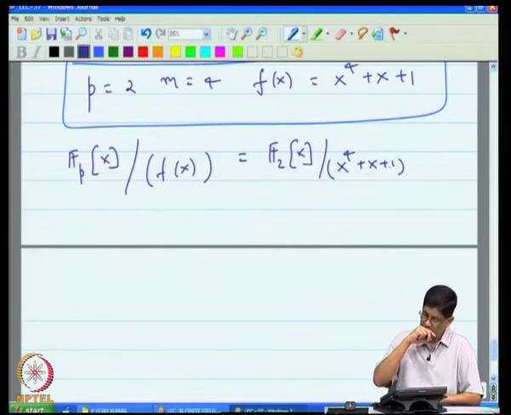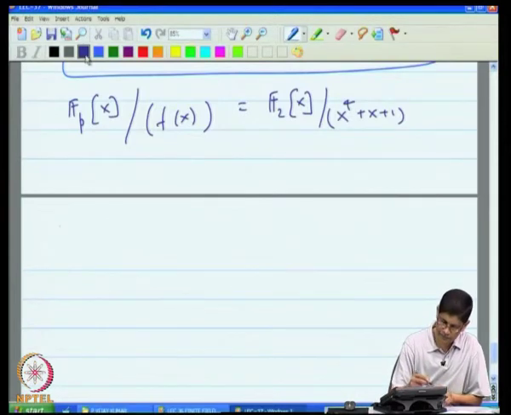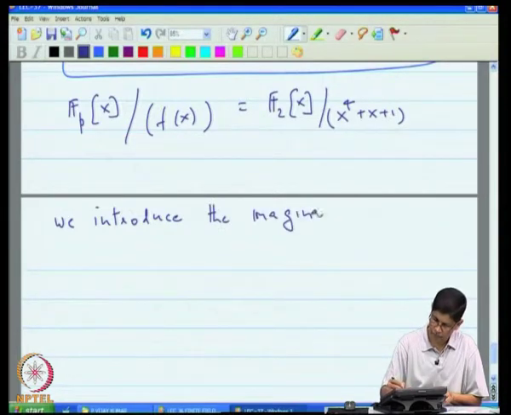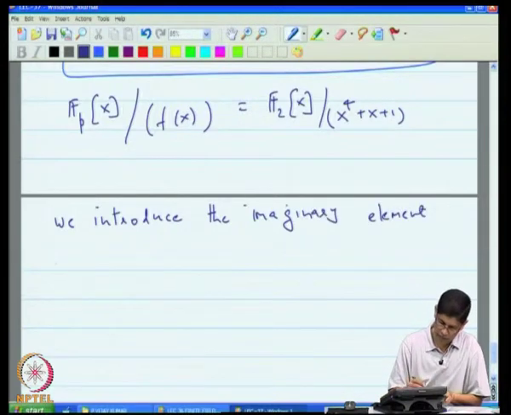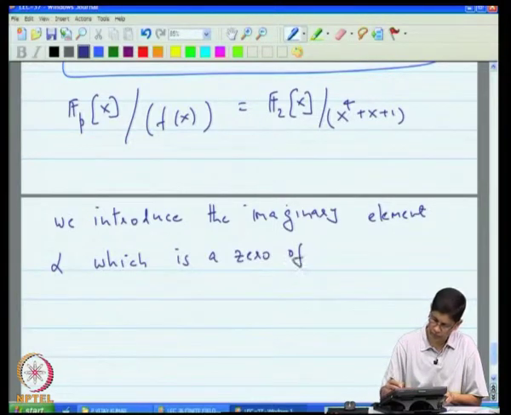Okay. So what we will do is, instead of working in terms of the x's, we introduce the imaginary element alpha, which is a 0 of x^4 plus x plus 1.